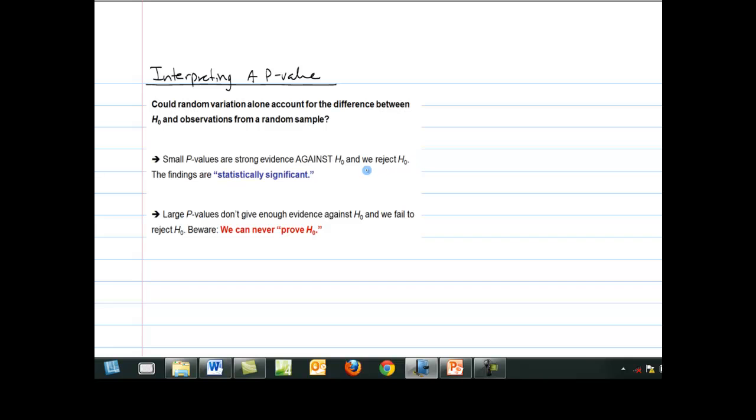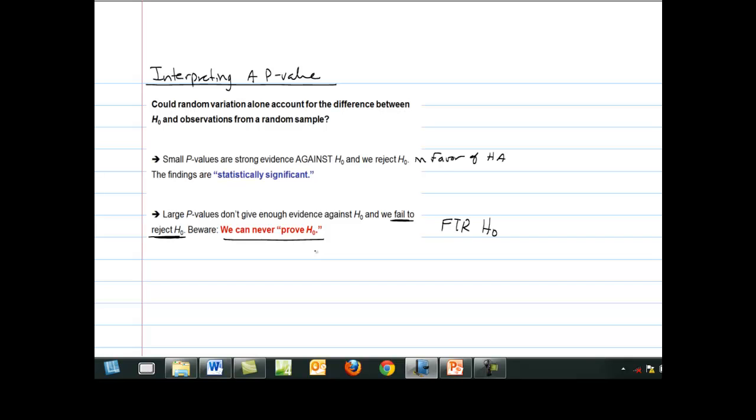Large p-values, and again we haven't said what's large and small yet, don't give enough evidence against H0, and we fail to reject H0. A lot of times we say FTR H0. We can never say prove. We can never say prove HA or prove H0.